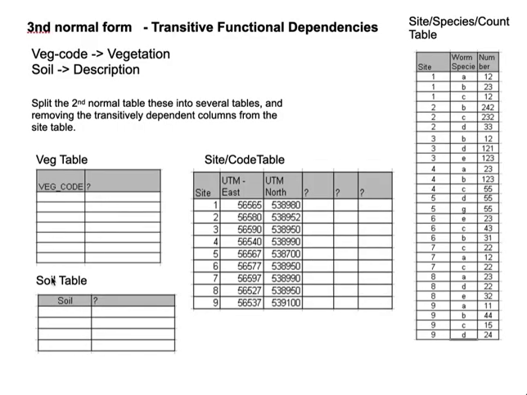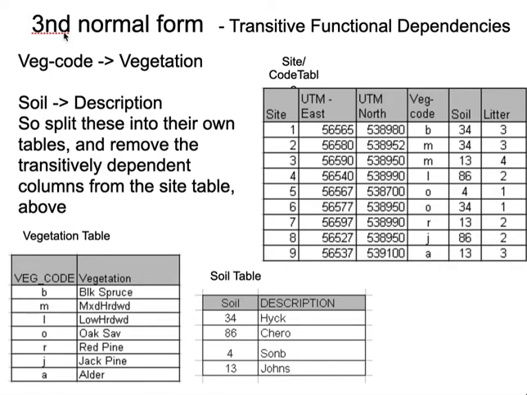So there's the veg and soil, those transitive functional dependencies, and then there's the site code, which will just have the veg code and the soil code, and the litter, because that's associated with the site, one measurement of litter at the site. And in this third normal form that gets split out, I have this site code table, the soil table and the vegetation table, right?